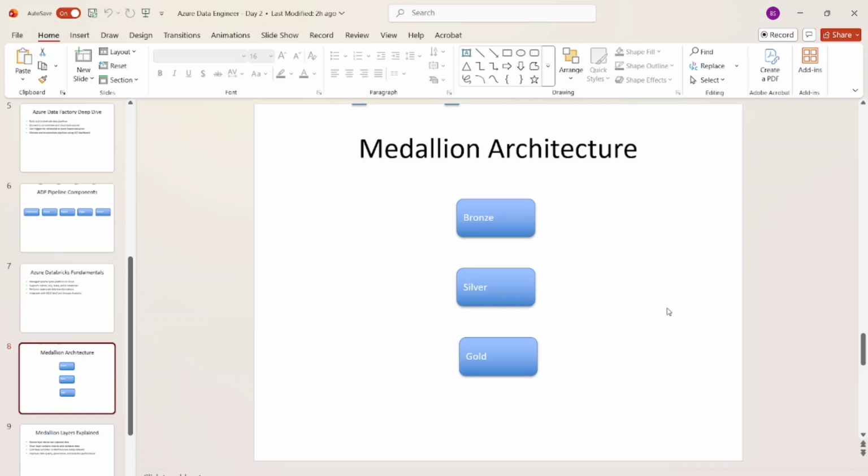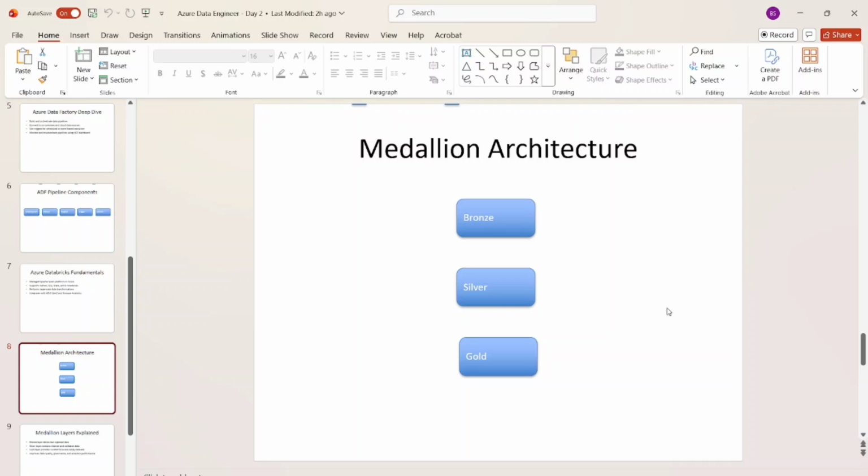It generally contains raw data exactly as it arrives from the source system. When you ingest the data from the source, it is generally raw data. In the bronze layer it will be the same. Whatever data you extract from the source, it will be the same in the bronze layer.